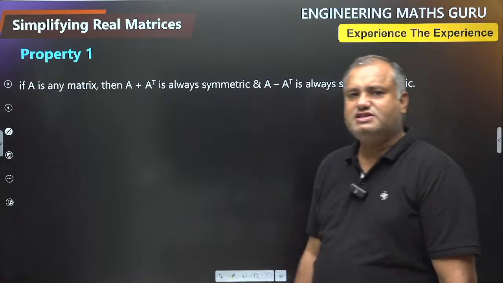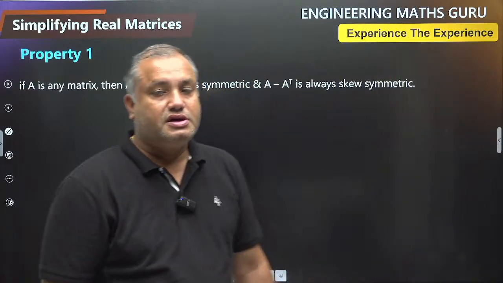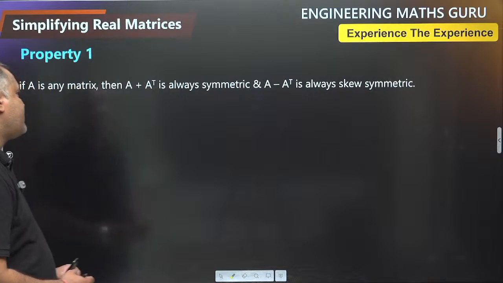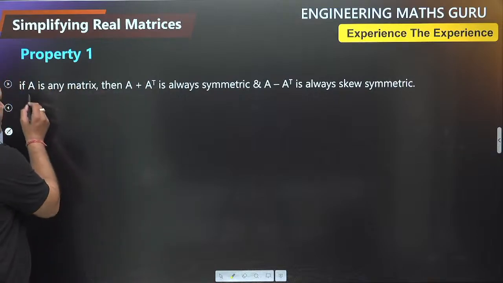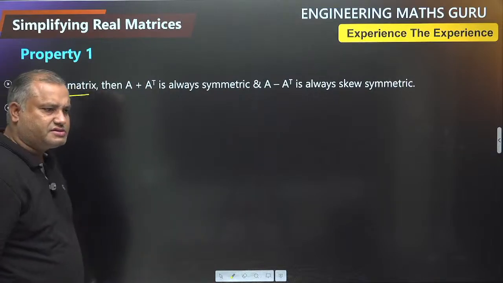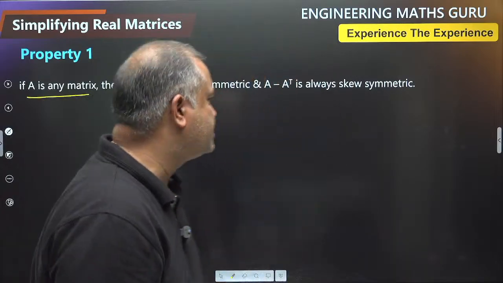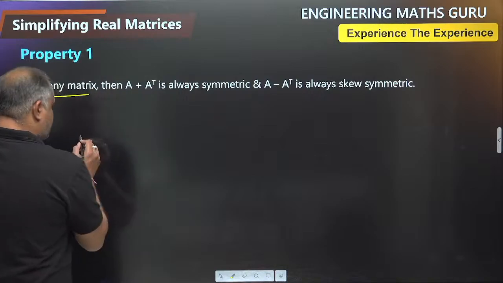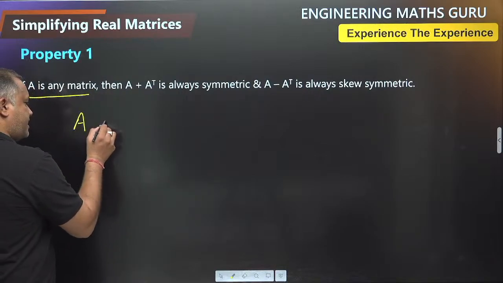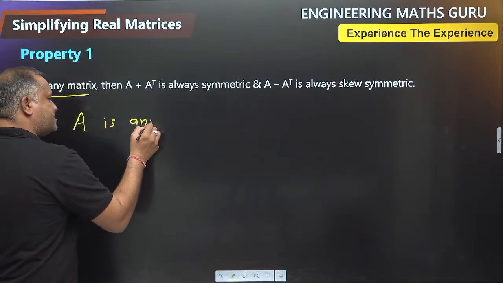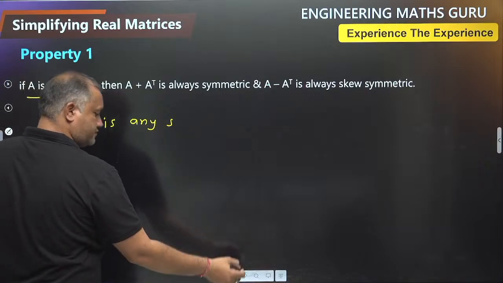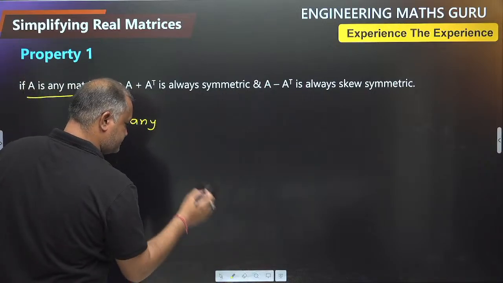Now the various important properties of symmetric matrix and skew symmetric matrix. See, if A is any matrix, let it be neither symmetric nor skew symmetric.